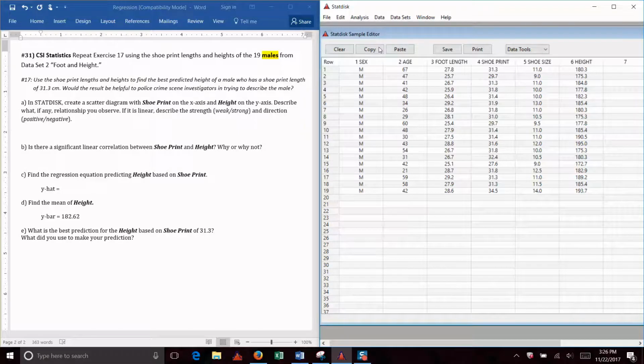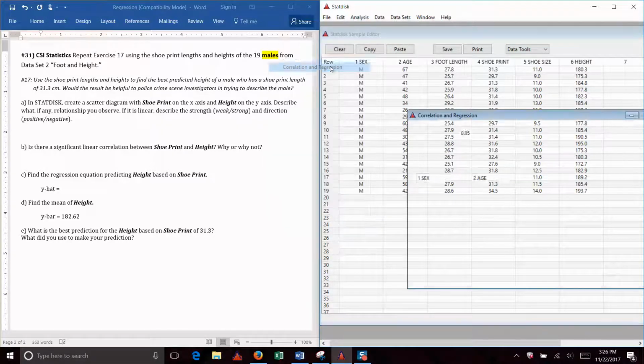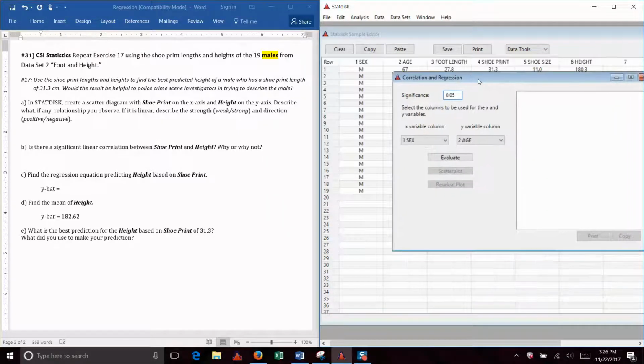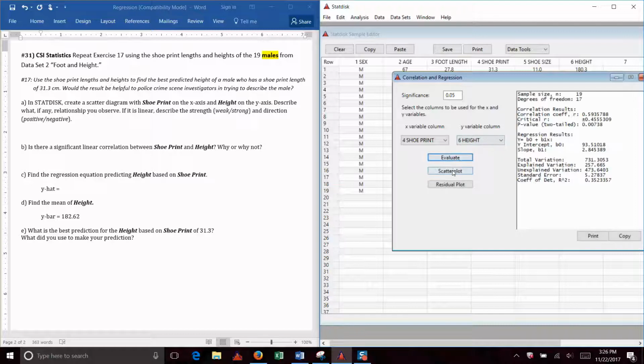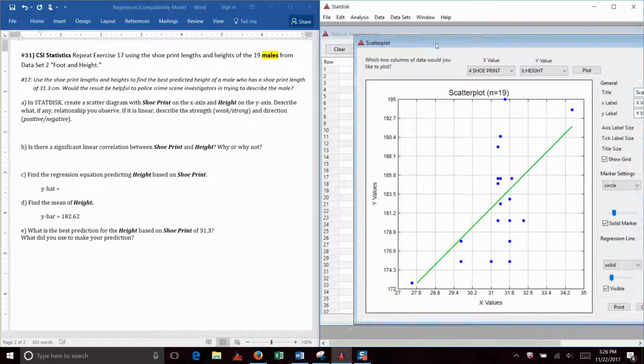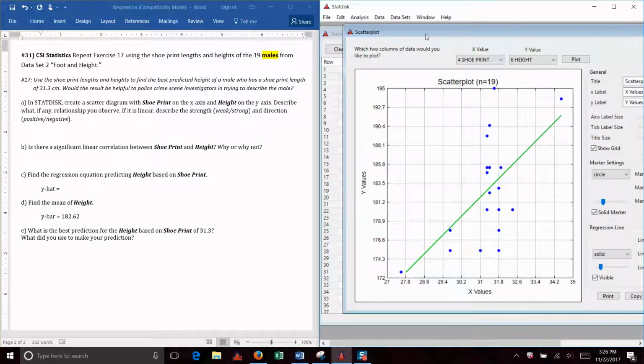Now, analysis, correlation, and regression. So we're going to use shoe print length to predict height. At least we're going to investigate that. So evaluate, scatter plot. And here we do see a positive relationship.